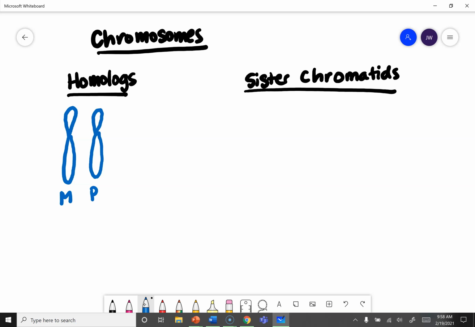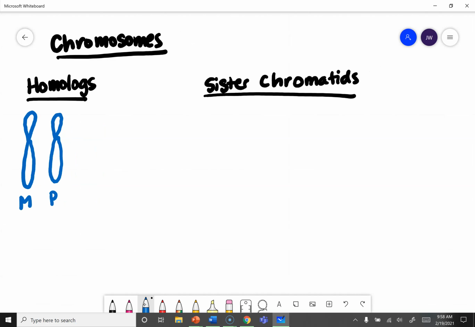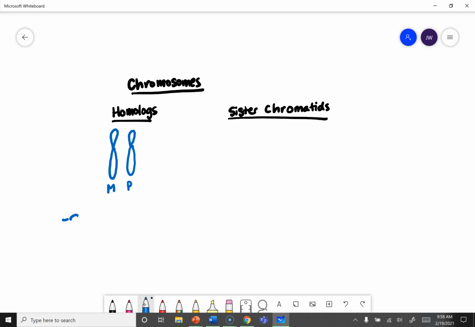So homologous chromosomes have the same physical characteristics. So their arms are the same length, their centromeres are in the same position. If you stain them for a karyotype, they produce the same banding pattern.